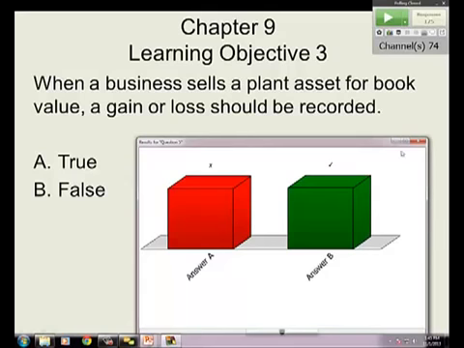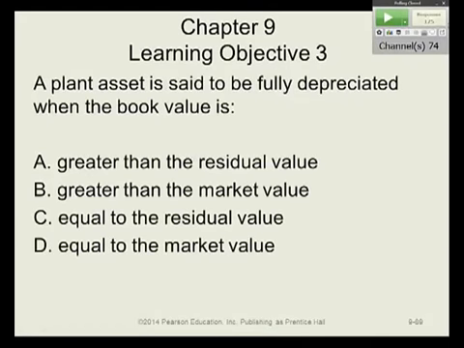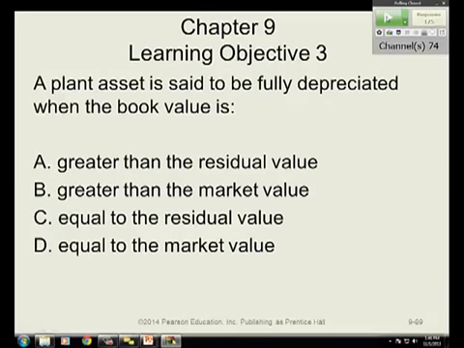All right, so let's try another one. I was going to skip this one, but I better not. An asset is fully depreciated when?